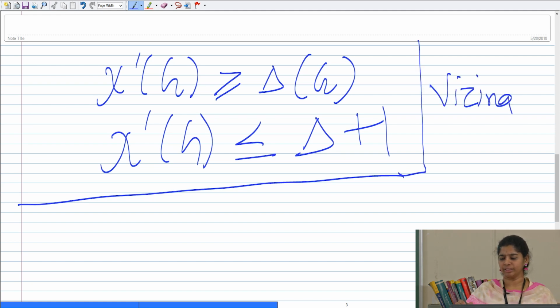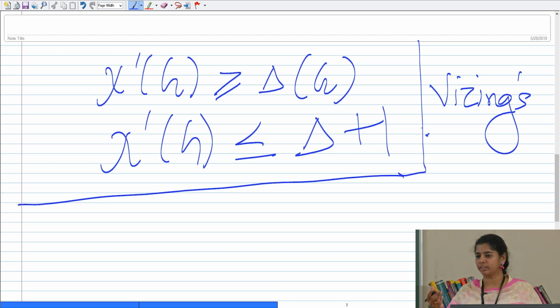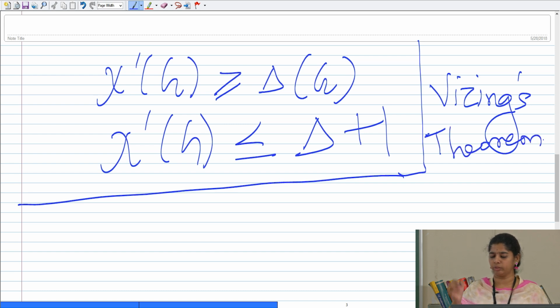For the proof of this, I recommend you go and look into any graph theory book because the lower bound is easy to see, we have already observed it, but for the upper bound you need to dirty your hands, you need to go in for multiple cases, you have to split all possible cases and do it. So, if you are interested, I would suggest you could look into Bondy and Murty or even Diestel.